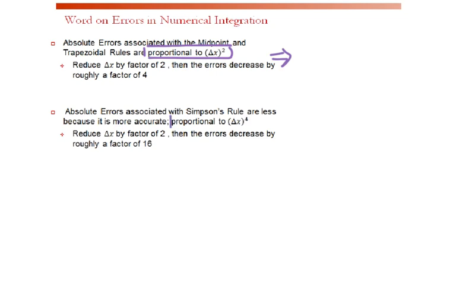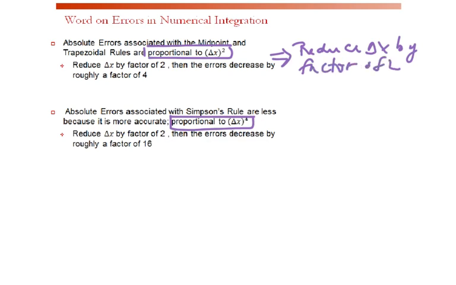So that is proportional to delta x to the 4th. Right? So let me quickly summarize that. You're going to reduce delta x by a factor of 2, and that is going to result in the errors decreasing by a factor of 4.